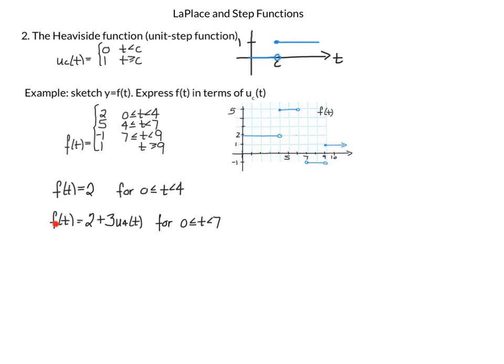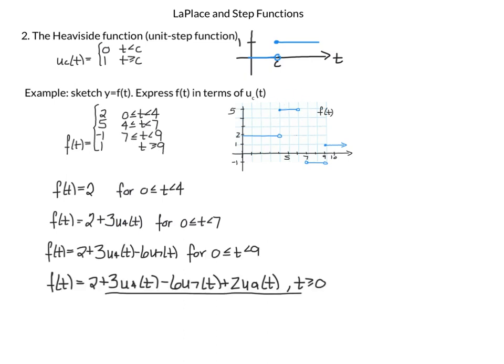So now we have the correct answer for t equals 0 to 7, because this is equal to 0 when t goes from 0 to 4, so we have 2, but then once we hit t equals 4, this function here will equal 1 times 3, which is 3, and that will give us the 5 over here. Similarly, when we come out over here to t equals 7, well, now we're up at 5, but we need to go down to negative 1.